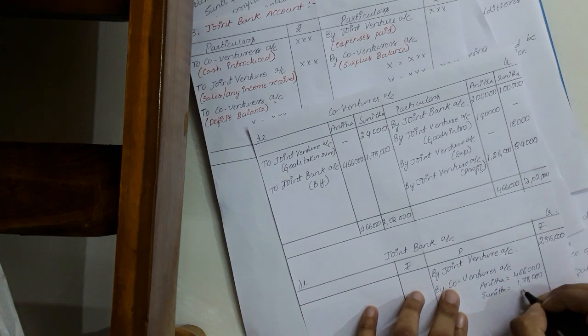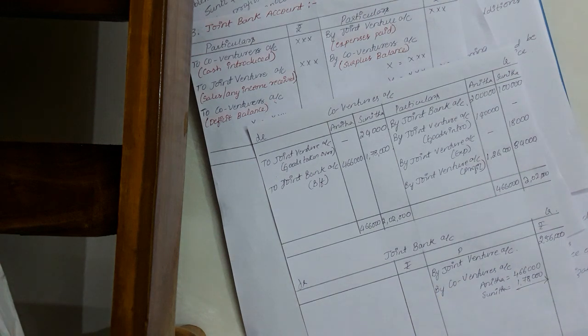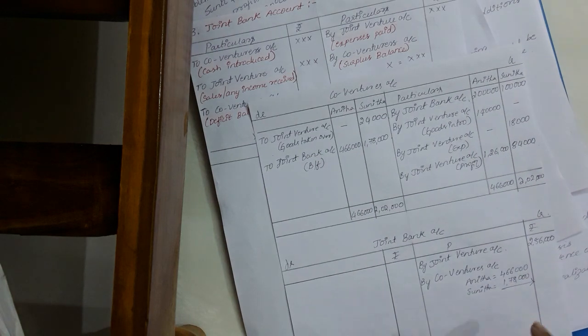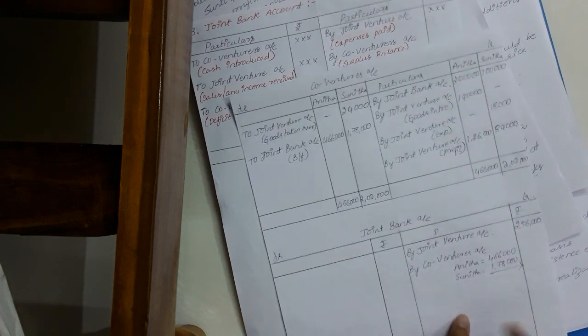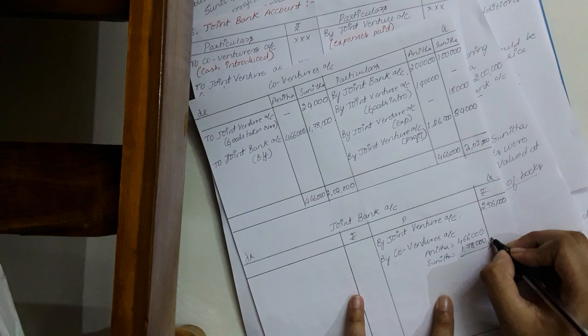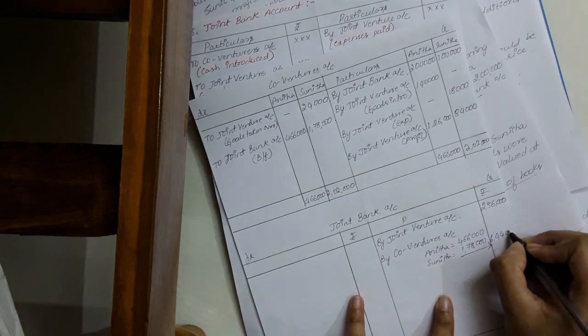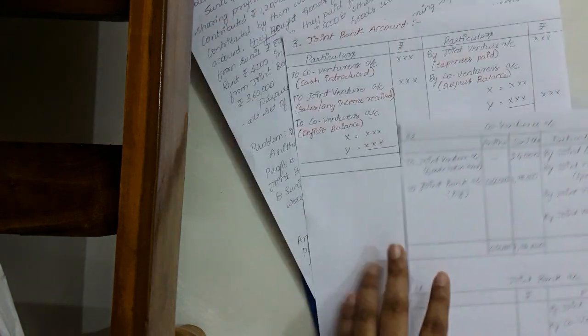This is the value that should be given to these co-venturers from the joint bank account. There is a surplus in the joint ventures even after paying profit. If this surplus is on the credit side, it needs to be paid, right? So the total is 6,44,000.